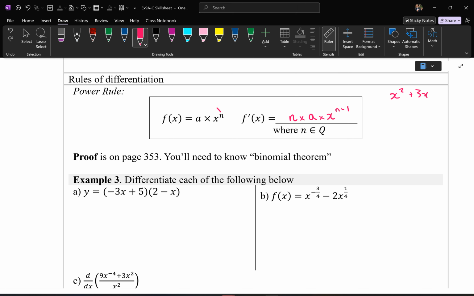Okay, so essentially it's what you learned from last year. Bring down the n and then minus the power by 1. That's why for x squared, if you bring down the power, it's 2 times x, power of 2 minus 1. That's how I got 2x. Same thing with this one. Bring down the power, it'll be 1 times the 3 times x to the power of 1 minus 1.